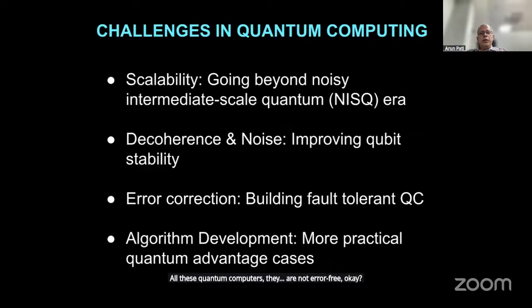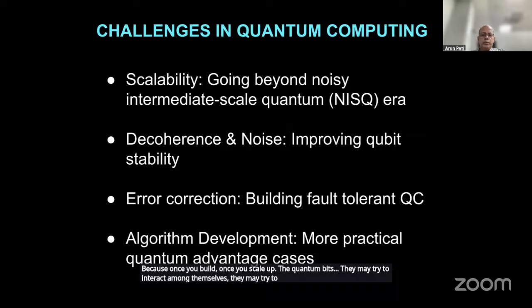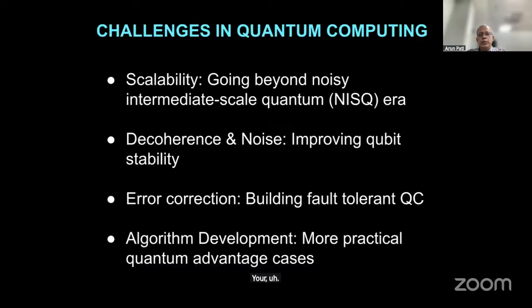The second thing is you have to worry about decoherence and noise, because once you scale up, the quantum bits may try to interact among themselves, or with the external world, and that leads to decoherence, and your qubit loses coherence. So how to improve this qubit stability? That is the second challenge. The third challenge is error correction.